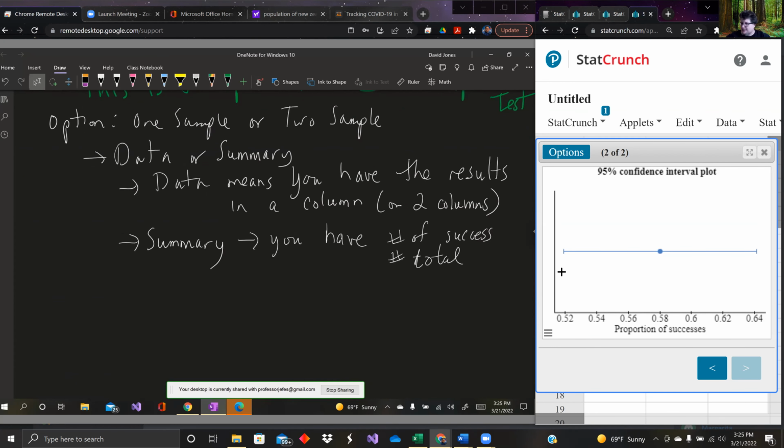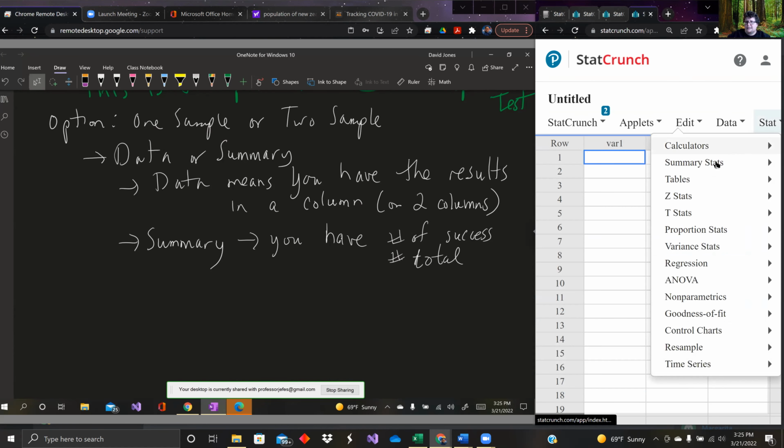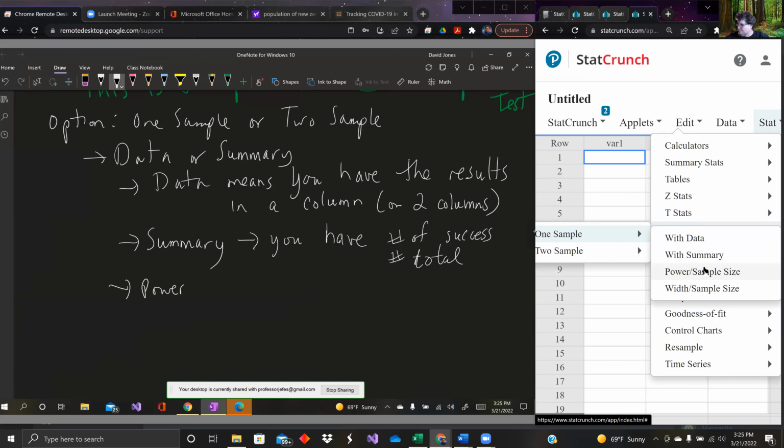The power sample size option. Stats, proportion stats, one sample power sample size. Power sample size and width sample size are pretty similar.